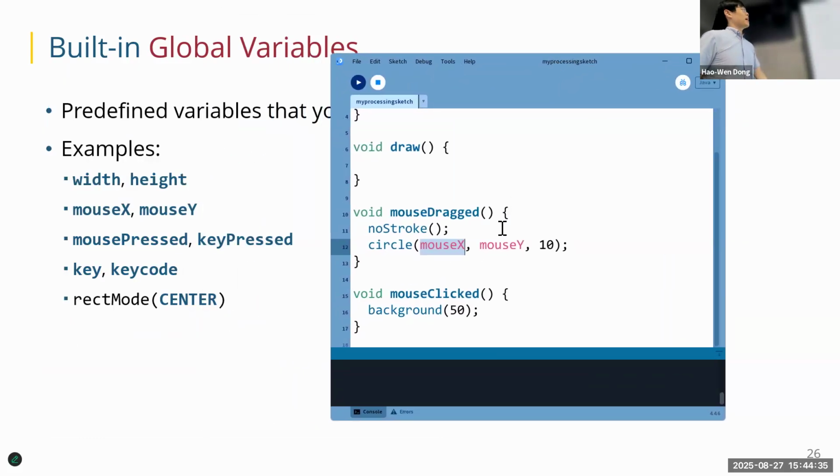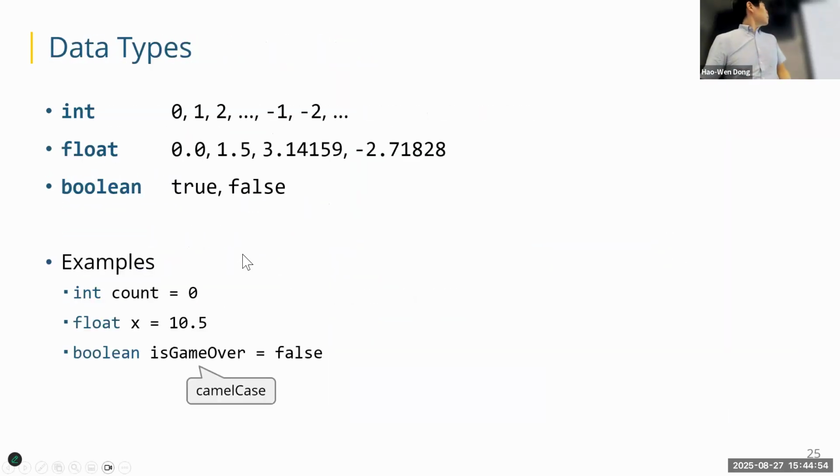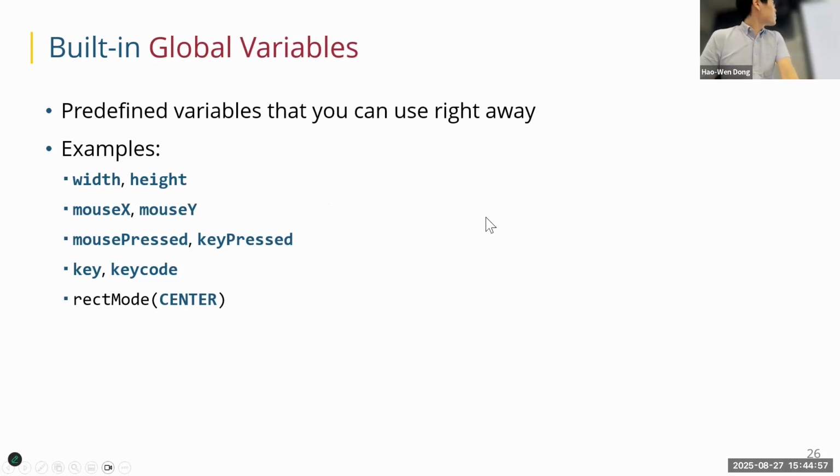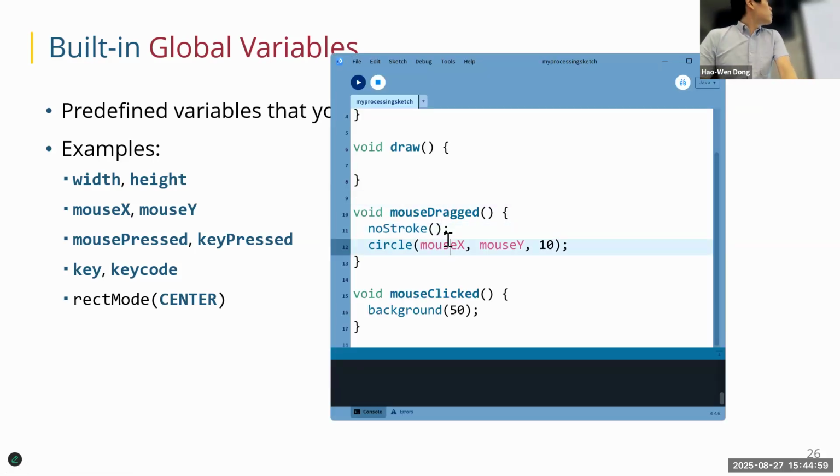They are defined, just hidden in Processing, already defined before the program started. And also rectMode, CENTER, CORNER, OCAP, meaning that it's a global variable. It's also defined. You also have mousePressed. So this is a Boolean. This is a Boolean.